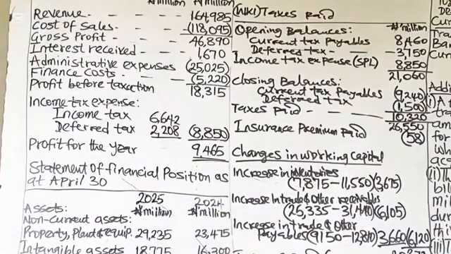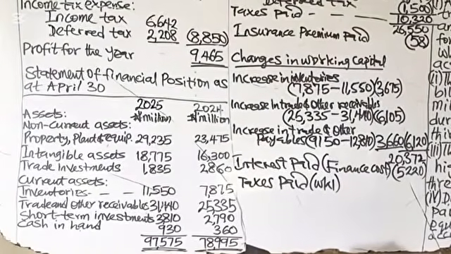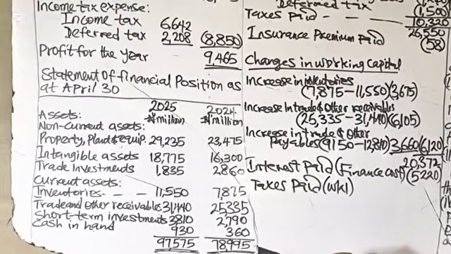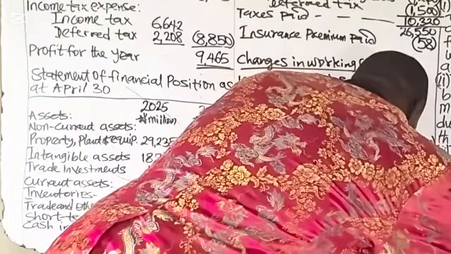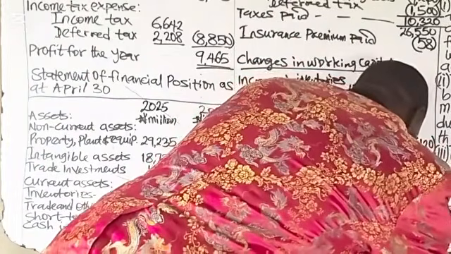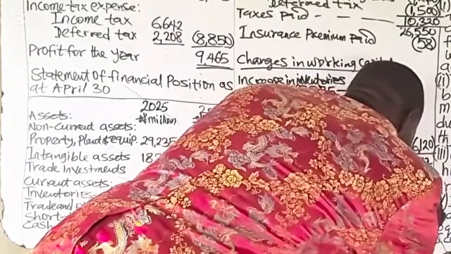And this tax paid will be reported under the operating activities. So we deduct it there. So we have taxes paid from working one, which is 10,320.